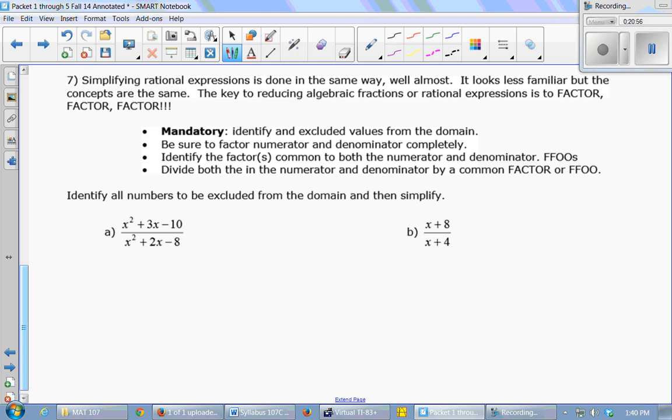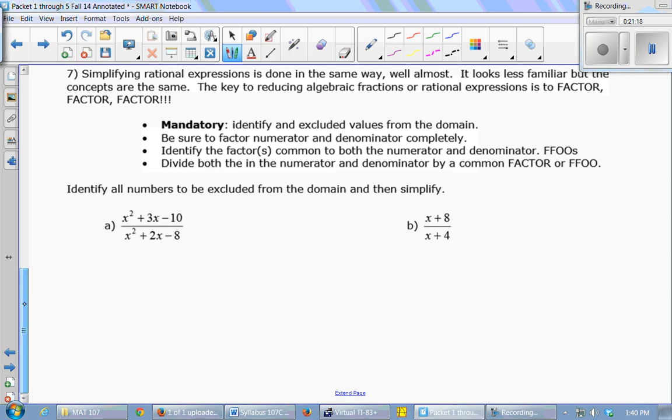So first, you got to figure out if there's any x's you can't plug into this thing. Second, factor the numerator and the denominator completely. Factor as much as you can. Third, identify any common factors that are foo-foos, right? Anything you have the same on the top and the bottom, and cancel them.